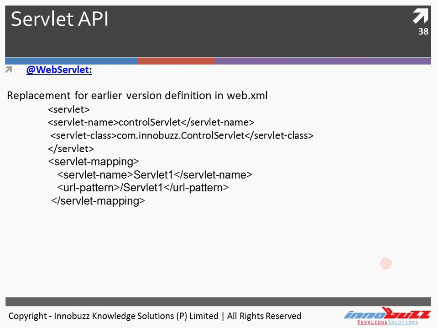If you see the web.xml, these are the lines which had to be placed in the deployment descriptor configuration file, which are completely removed using this annotation, where we directly place the annotation in the class and give the name of the servlet and the class, which indicates by itself. So this is made so easy just by using one annotation. We can avoid these lines of code in web.xml.